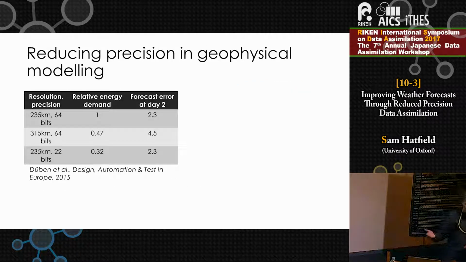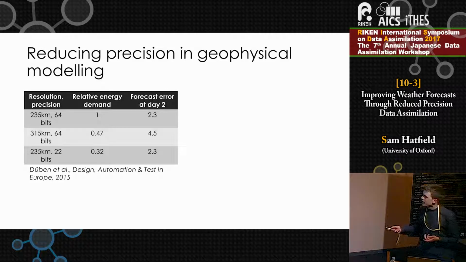The availability of this hardware and the realization that Moore's law is sort of beginning to decline has prompted people in the geophysical modeling communities to ask just how much precision do we need for our models? And if we want to reduce the energy consumption of our models, could we reduce precision instead of, say, the resolution?